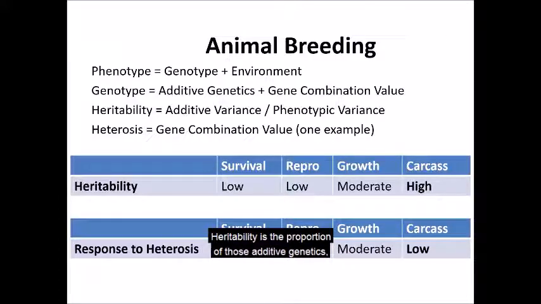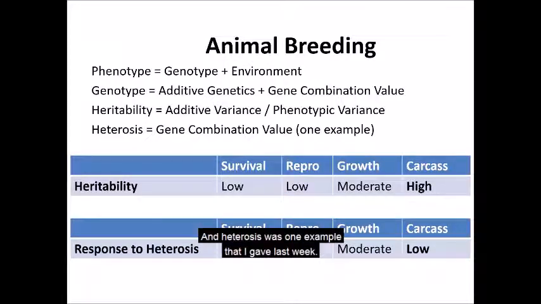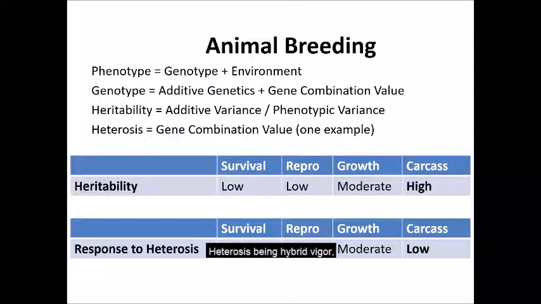Heritability is the proportion of those additive genetics or additive variants over the phenotypic variants. What proportion of what we see is attributable to genes that are passed from one generation to the next. And heterosis was one example that I gave last week. Heterosis being hybrid vigor, one example of a gene combination value.